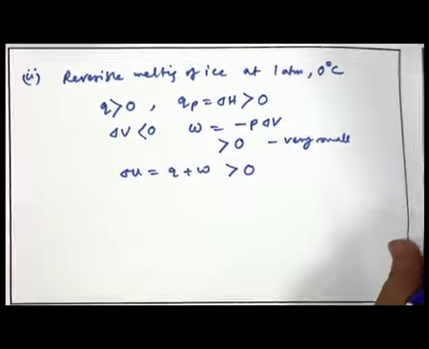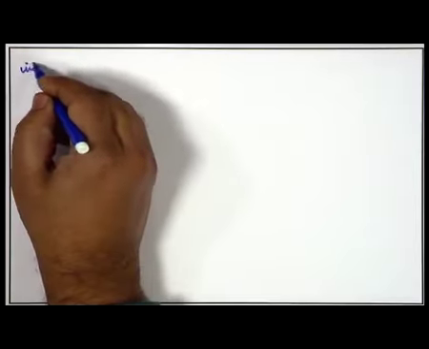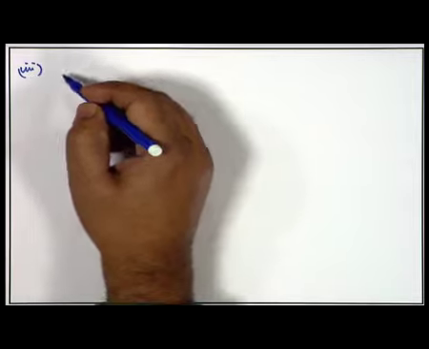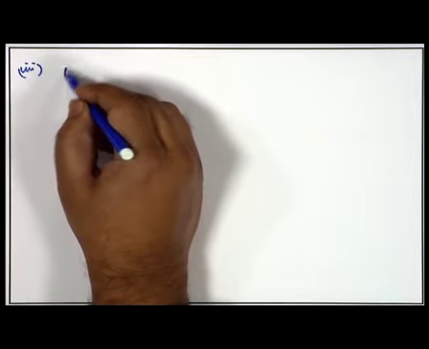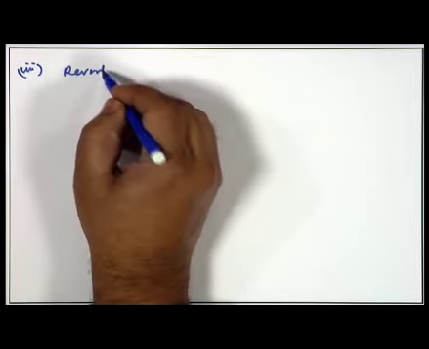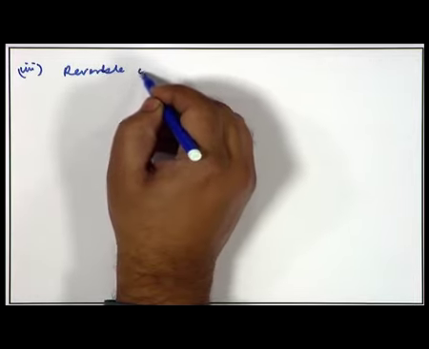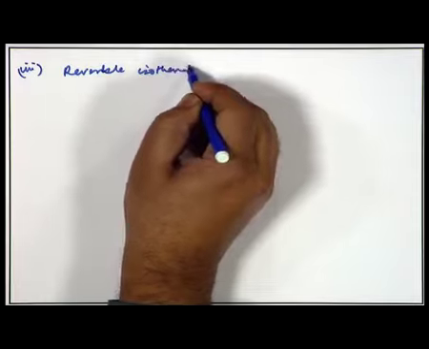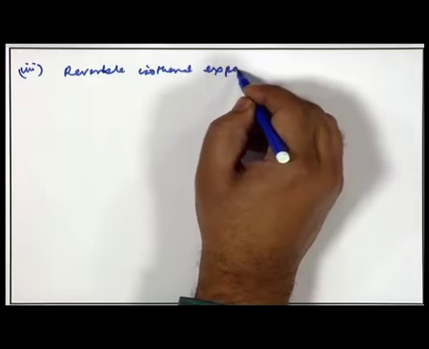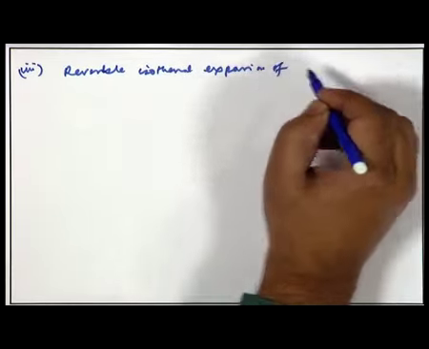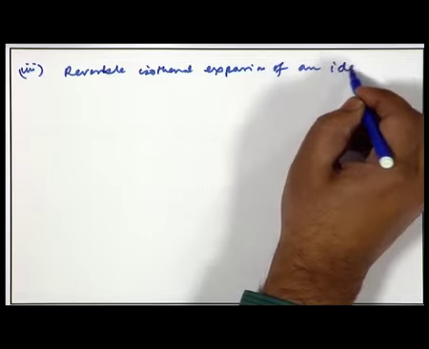We will talk about the third example: reversible isothermal expansion of an ideal gas.